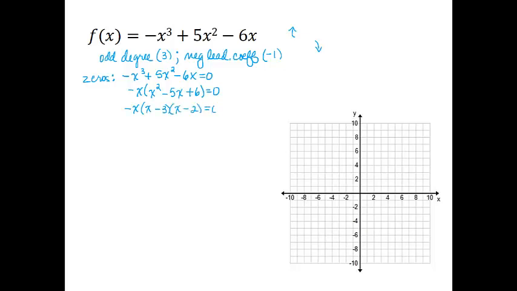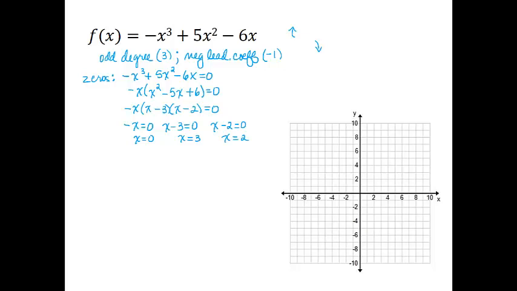So the factored form is -x times x minus 3 times x minus 2 equals 0. Setting each of these factors equal to 0, we have -x equals 0, which gives us just x equals 0. x minus 3 equals 0 gives us the solution of x equals 3, or x minus 2 equals 0 gives the solution of x equals 2.